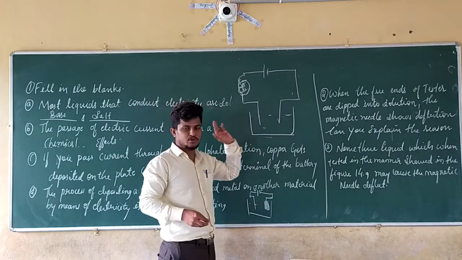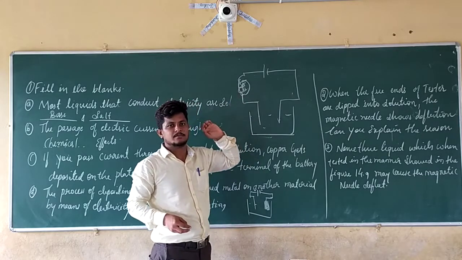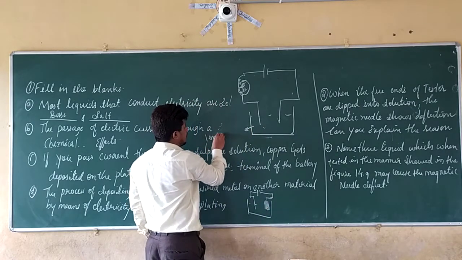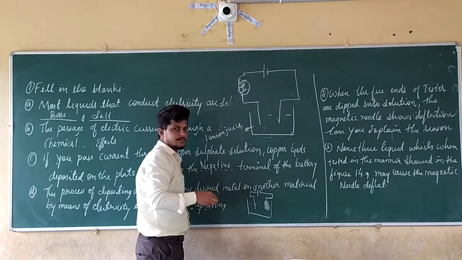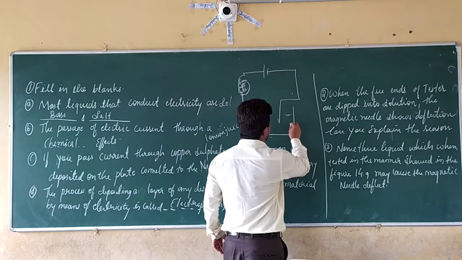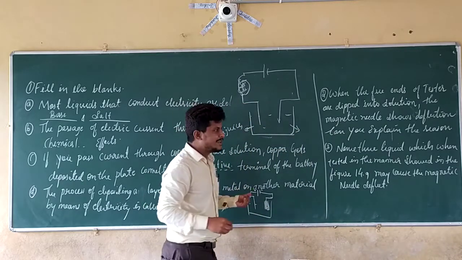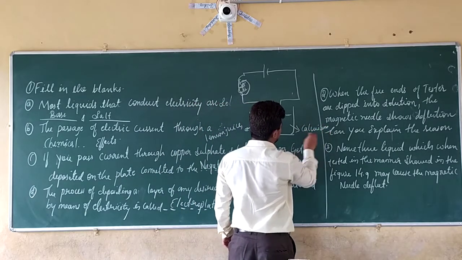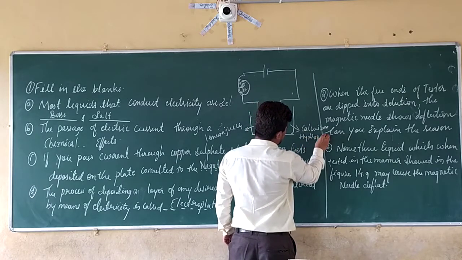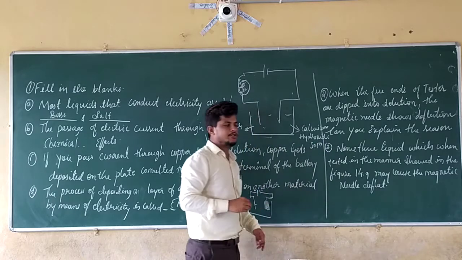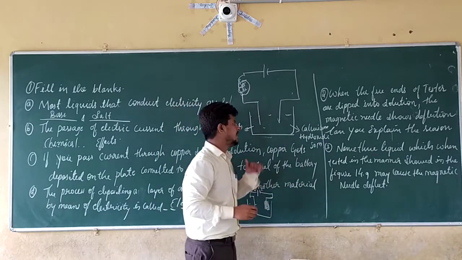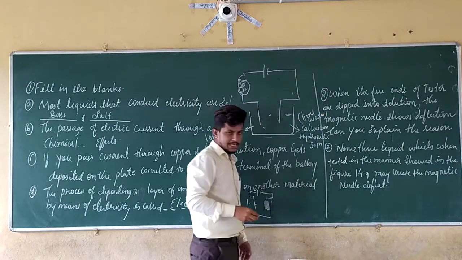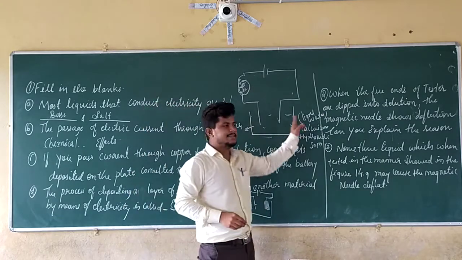So if you take the solutions of those things, for example calcium hydroxide solution, which is the solution of lime, or lime water, it is also going to conduct the electricity. So this is the acidic solution and this is the basic solution.